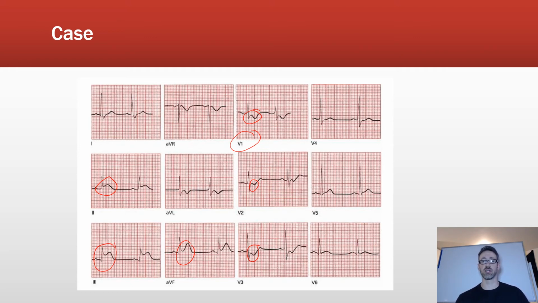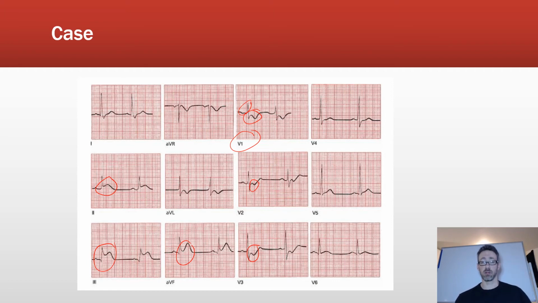So instead of an ST elevation, if there is an MI on the posterior aspect of the heart, it would show up on an anterior lead as an inversion. So I see an inversion there, and usually what's associated with that is also a taller R wave, and I can see a tallish R wave for V1, and we see definite depression.